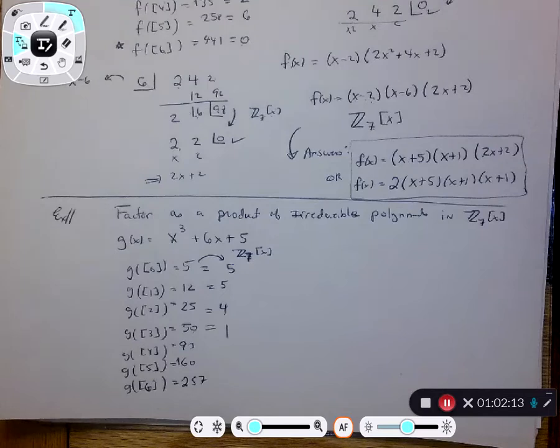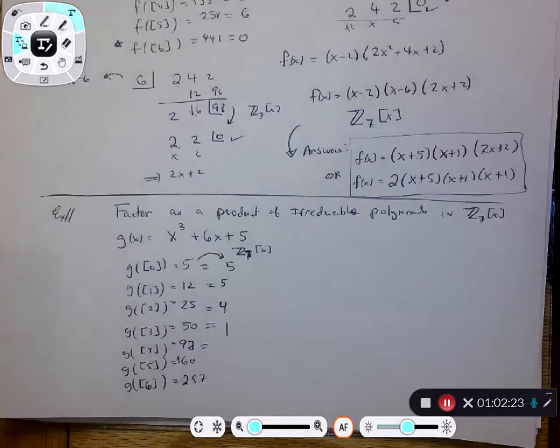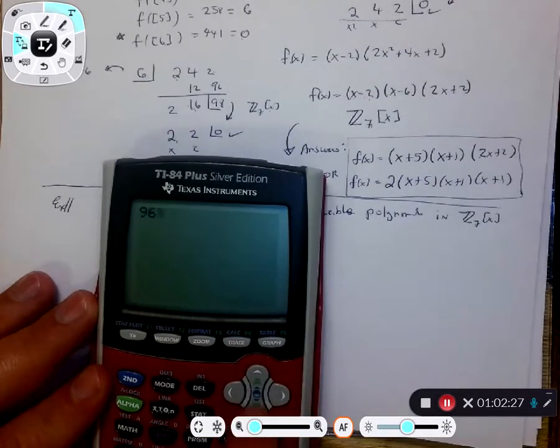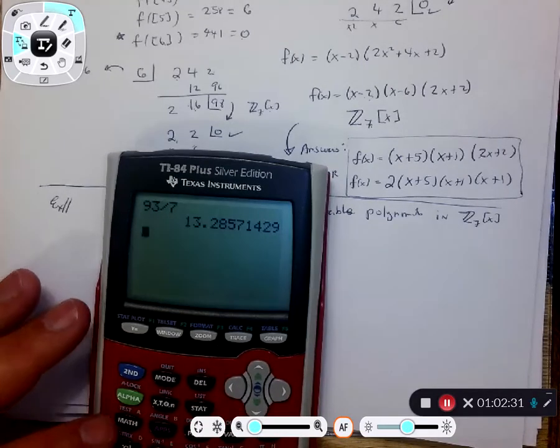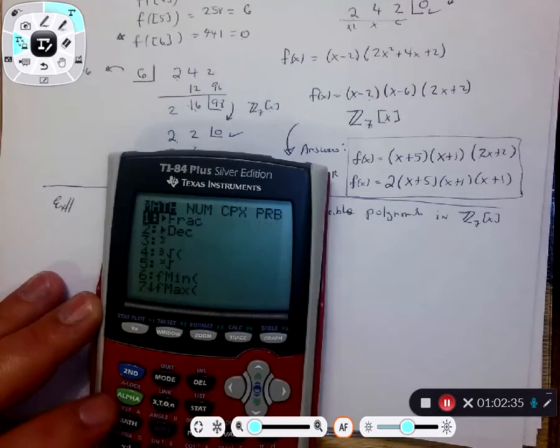When I plug in 4, I end up getting 93. Just to show you the other trick here, I can take my number 93 and divide by 7. Let's see what the remainder is. Get rid of the whole part, just take the fraction.